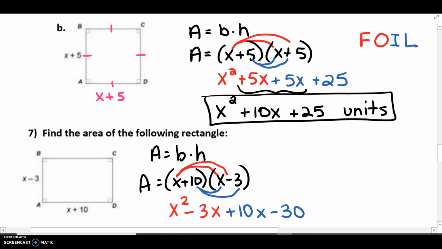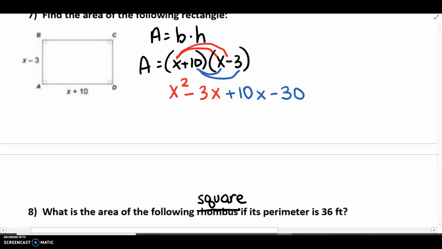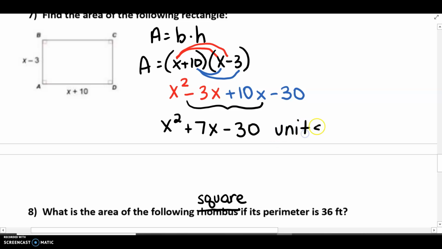Just like on the last problem, I want to combine my like terms, so I have x squared plus 7x, right? Negative 3x plus 10x is positive 7x, minus 30. And just like the last one, if I don't know what x is, that is as detailed as we can get.